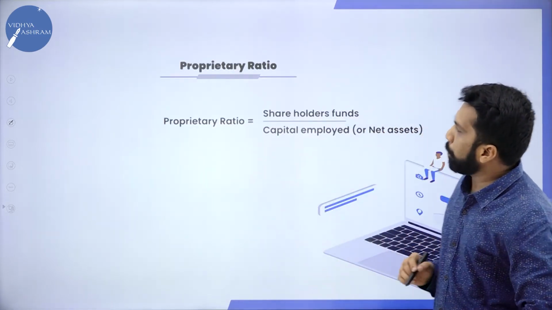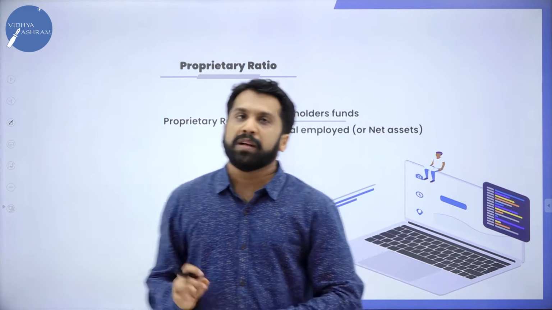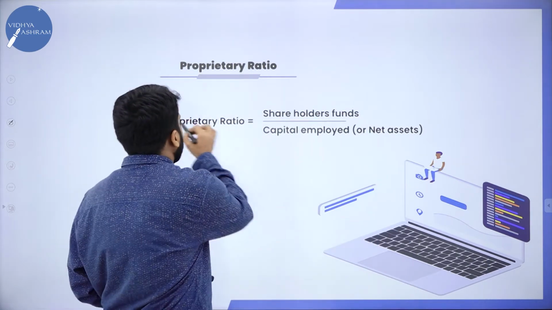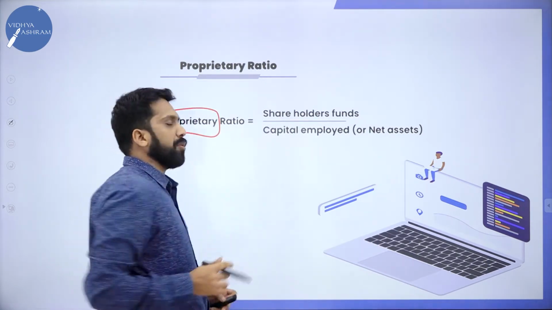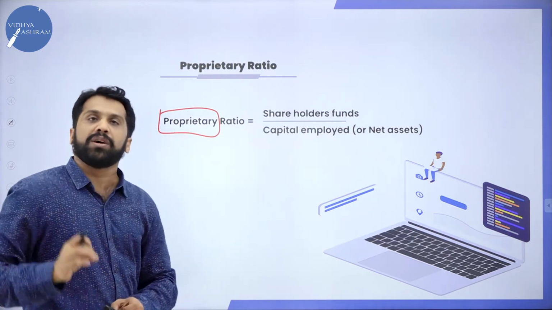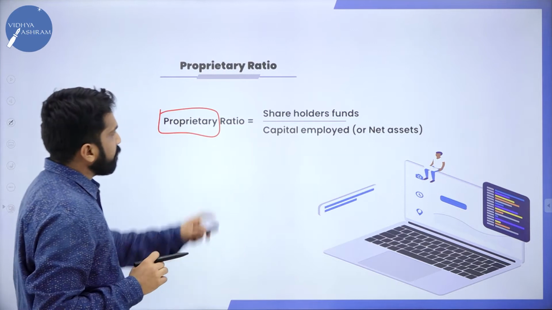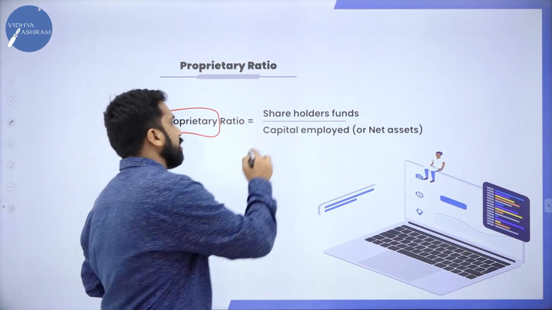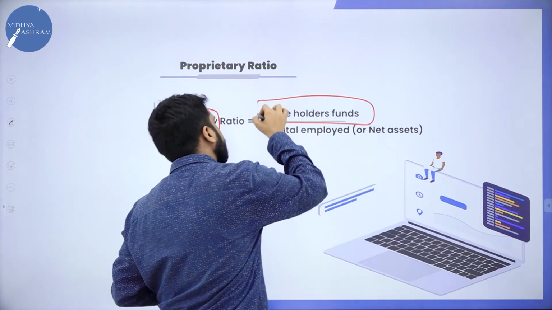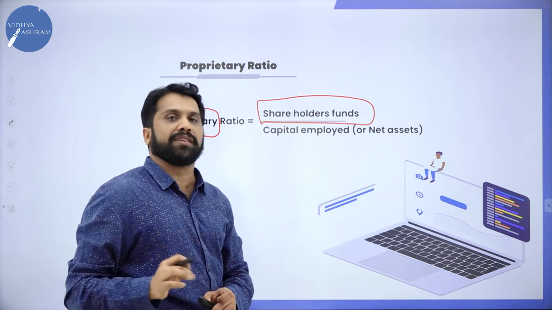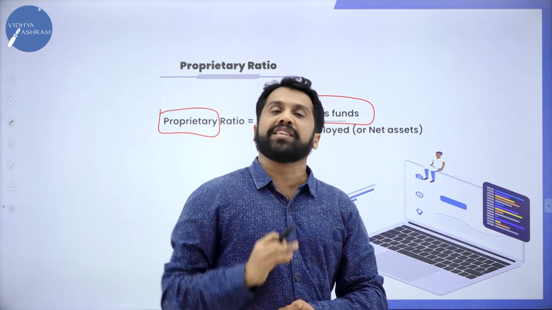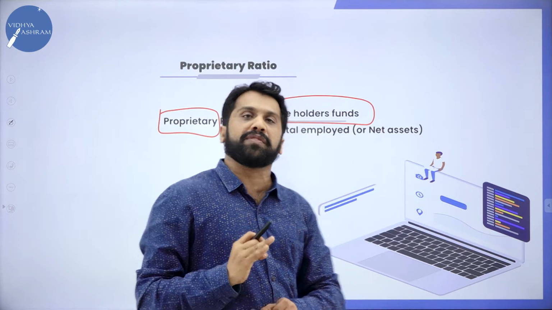Second one, proprietary ratio. The name itself says proprietary means owners. Owners of the company, we call them proprietors. Now, what is the formula for that? Shareholders fund. I already explained shareholders fund. Which things come under shareholders fund?